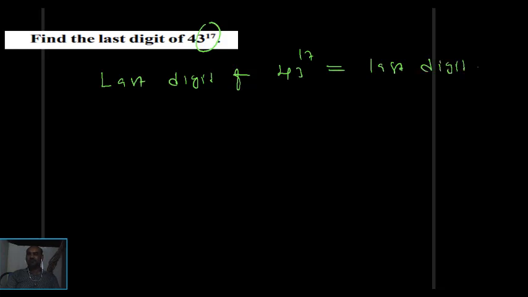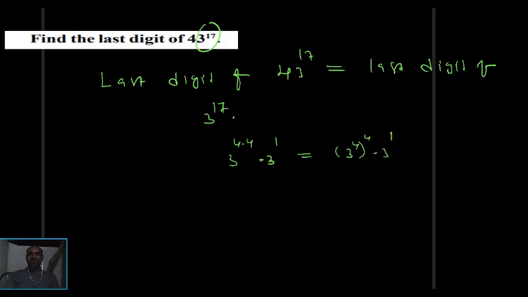Find the last digit of 43 power 17. Just by using the concept of cyclicity, I can find the last digit. The last digit of 43 power 17 is the same as the last digit of 3 power 17. Using the cycle of 3, 3 power 17 is 3 power 4 whole power 4 into 3 power 1.